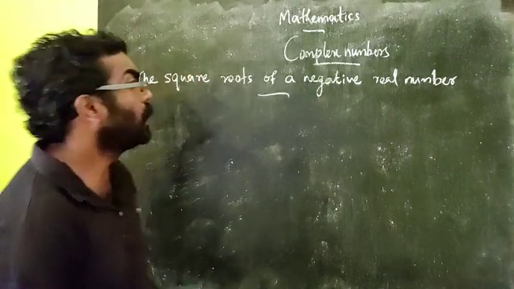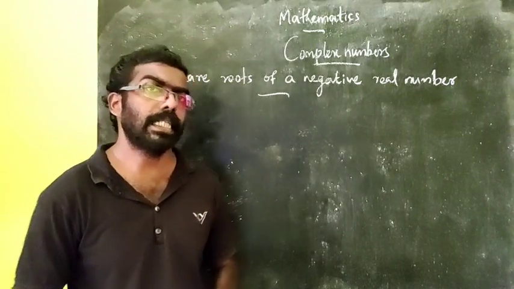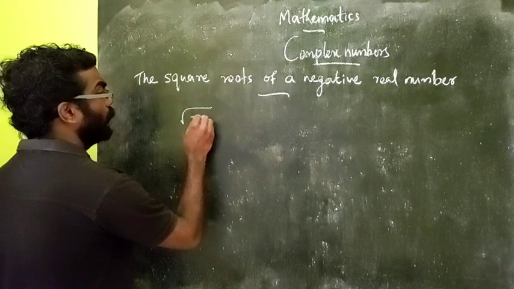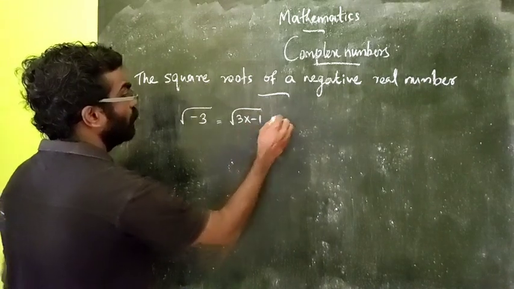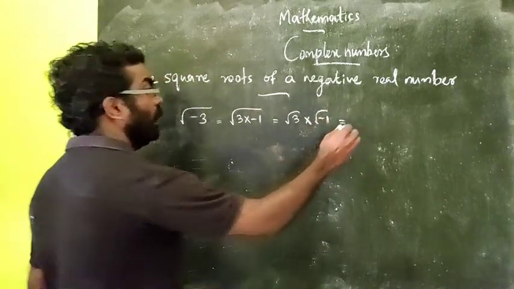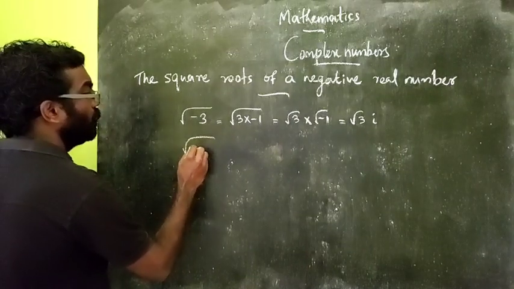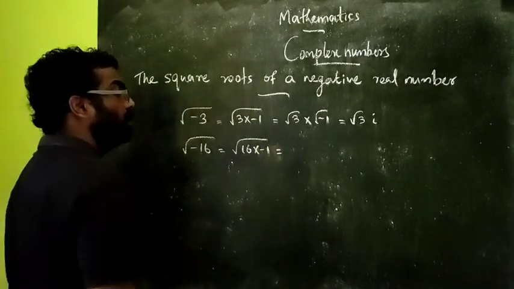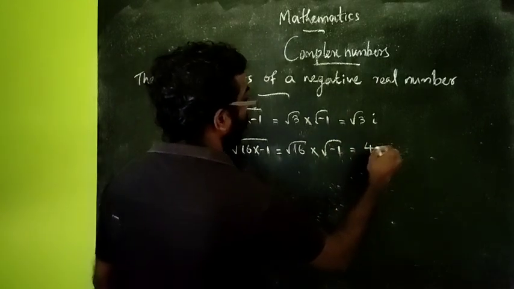Next topic is the square roots of a negative real number. How can we find the square root of a negative real number? For example, root of -3. This can be written as root of 3 into -1, which is equal to root 3 into root -1. Root -1 is i, so root 3 i. And if it is root of -16, this can be written as root of 16 into -1, and that will be equal to root 16 into root -1, that is 4i.